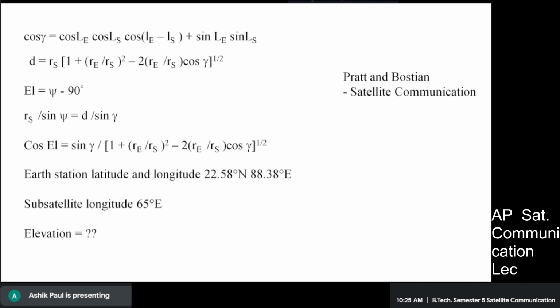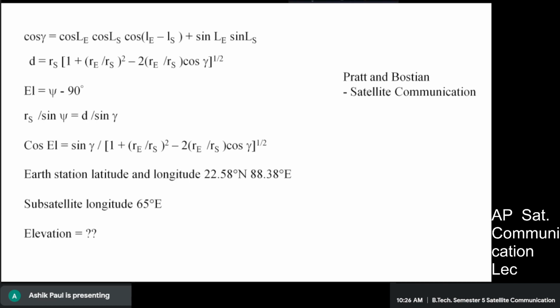The actual value for the elevation of this particular satellite, which is once again an actual satellite whose signal is received from Kolkata, is around 52 degrees. So maybe that 2 or 3 degree difference is arising because you have taken the radius of the Earth as about 6,400 kilometers, or the orbital altitude as around 36,000.